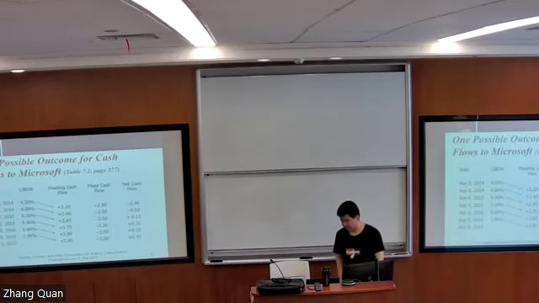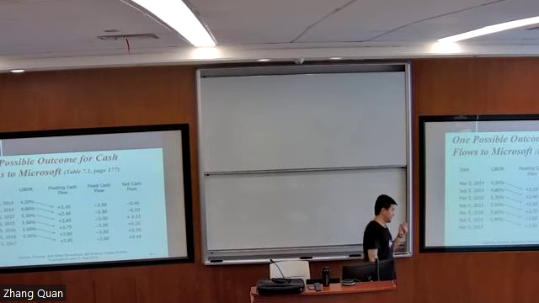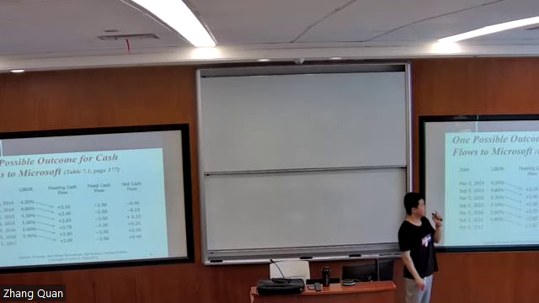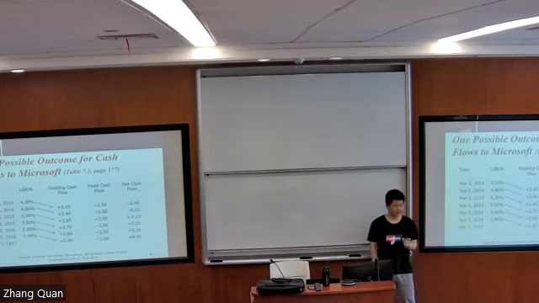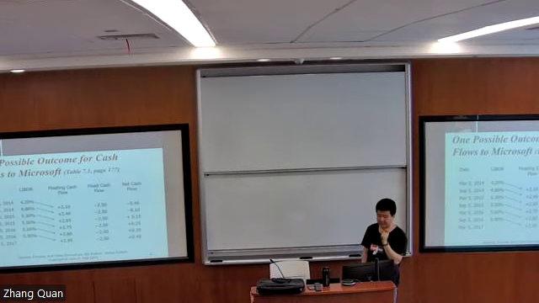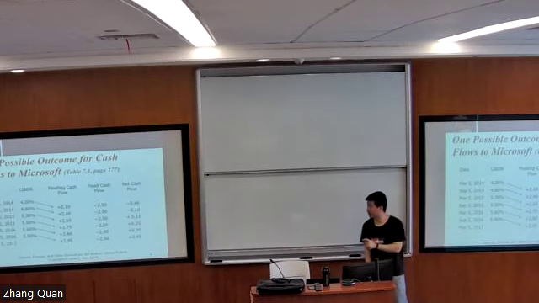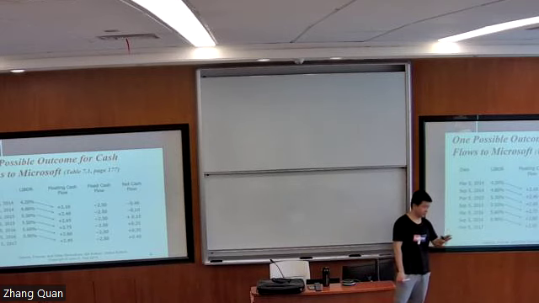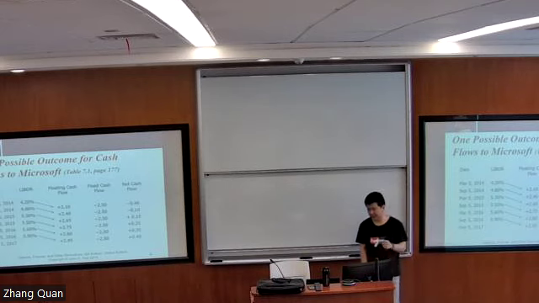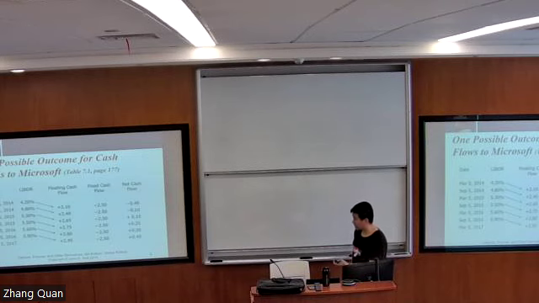So by right, a swap itself is still a forward style contract, which means that by the time you construct this contract, the contract should have zero value. So it should be fair to each other. Then the swap rate should be well determined.